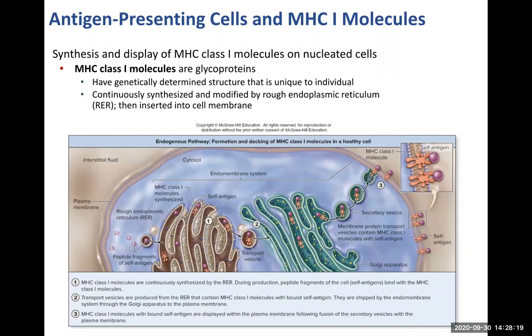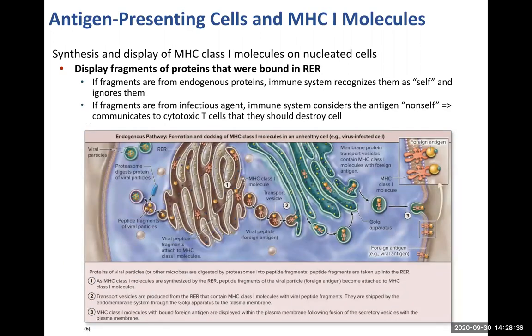So this will be the case for self-antigen. Any nucleated cell is going to present self-antigen in the context of MHC1. Viral antigen will also be presented in the context of MHC1, right?